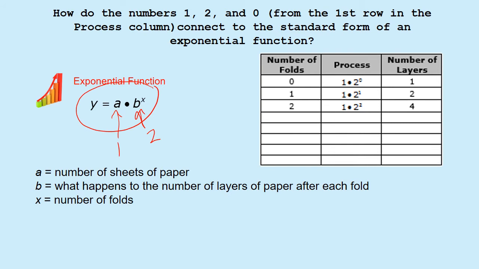In our case, it's doubled, so that's how much it's changing by. And x tells me how many folds I have. The reason x is our exponent is because we don't know how many times we're going to fold it. That tells me how many times I have to double or triple. That's what makes exponential functions different: the x, instead of being after a coefficient, is the exponent, which is why we call them exponential functions.